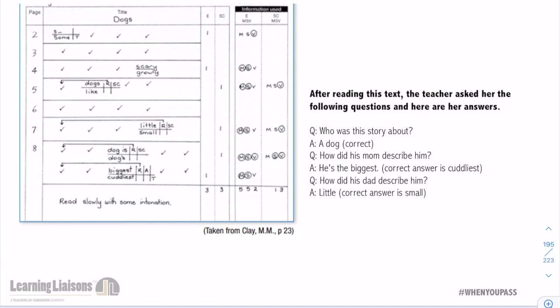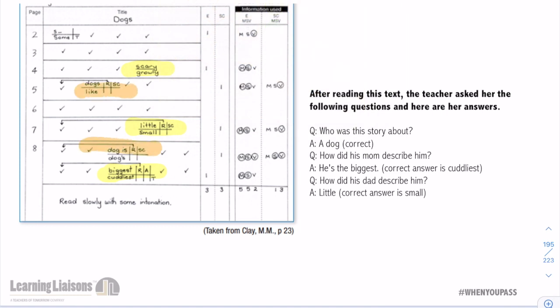All right, well, before we look at that, let's go ahead and start pulling out some of her miscues. Okay, I'm seeing a trend here. We have biggest instead of cuddliest, little instead of small, scary instead of growly, a couple self-corrections.